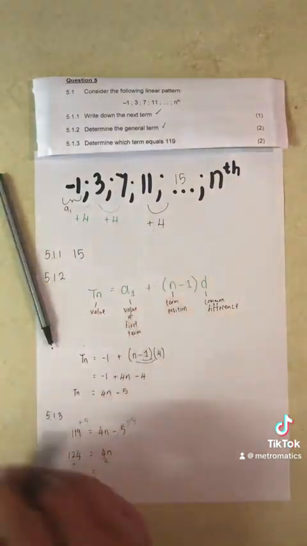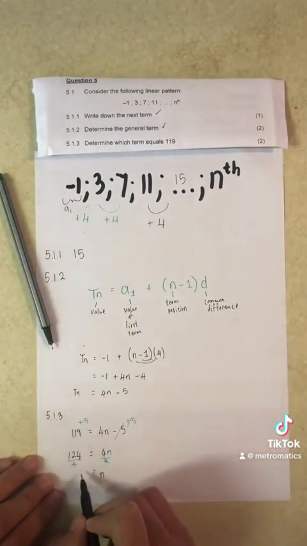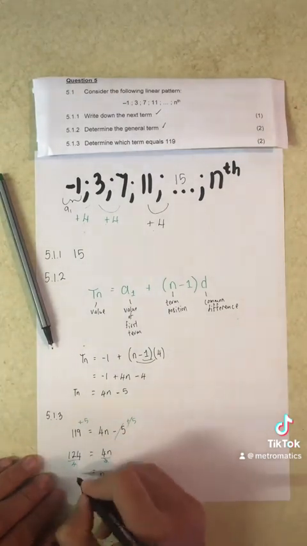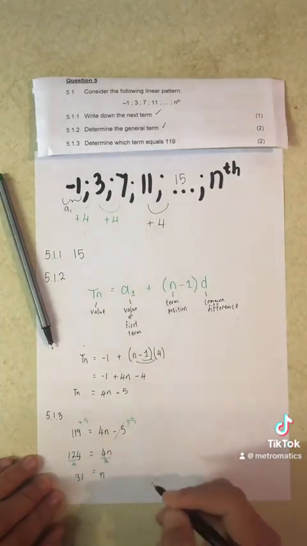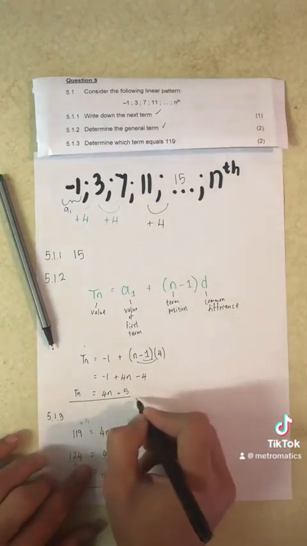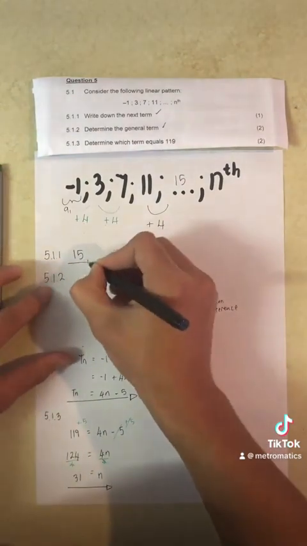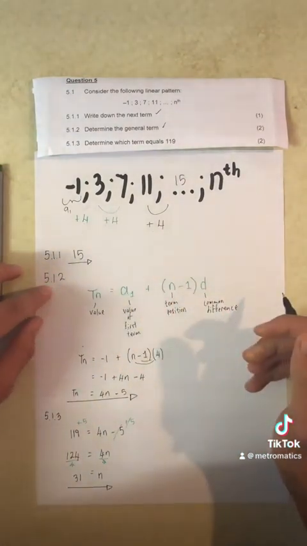So I can say n equals 31. That is my answer for 5.1.3, and that's my answer for 5.1.1.